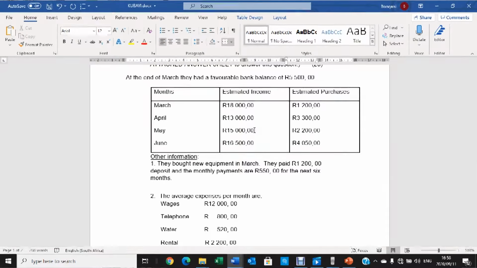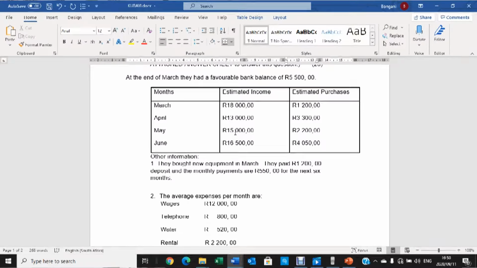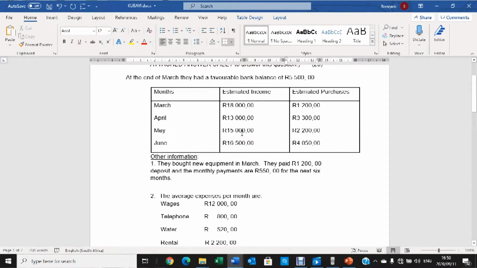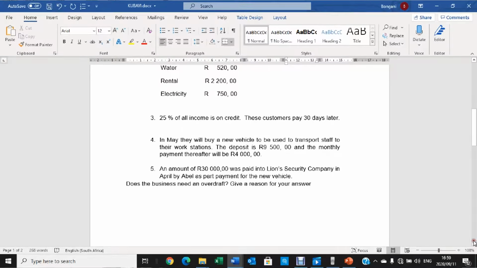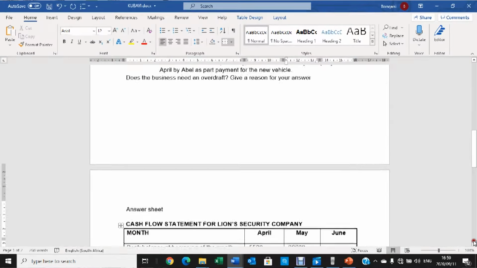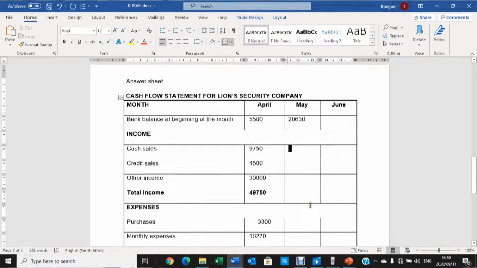Then 25% it is credit. Then let's again calculate the 75% of 15,000. Then 15,000 multiplied by 75 divided by 100, which it is going to give you 11,250. Then we go back to our addendum and record 11,250 as our cash sales for May.